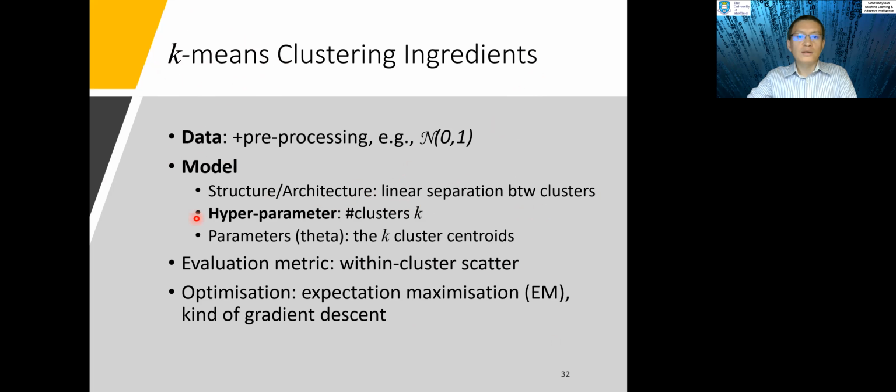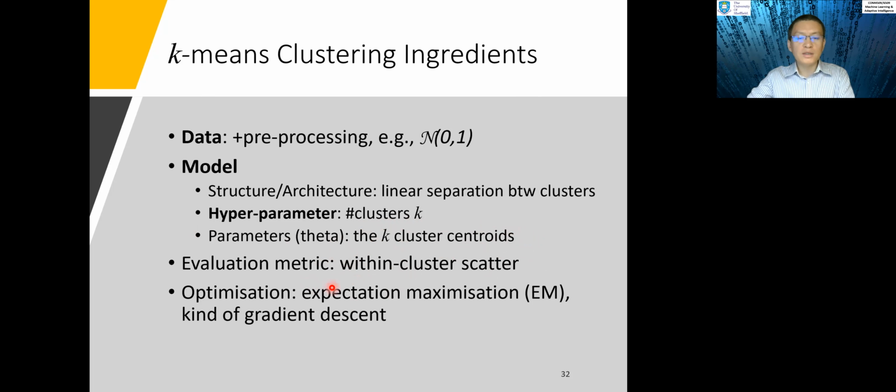There's only one hyperparameter, that is the number of clusters k. And the parameters we are learning are the k cluster centroids. That's what we are updating in each iteration. And basically what it is trying to minimize is the within cluster scatter.